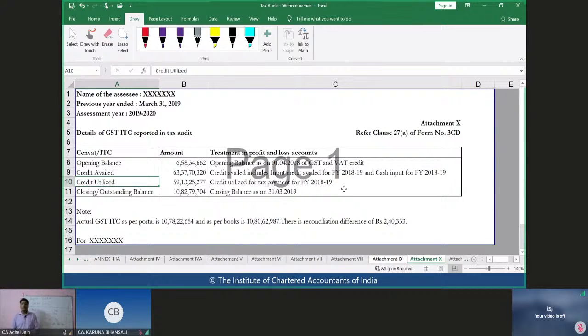In terms of the input credits, which all input credits this entity is having, it's about GST. GST will definitely be one of the input credits which will be considered. So its opening balance, which is appearing in the books, credit availed, credit utilized, and hence its closing balance is also required to be reported over here.